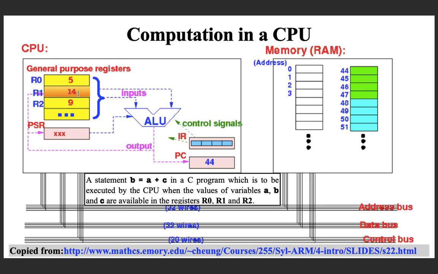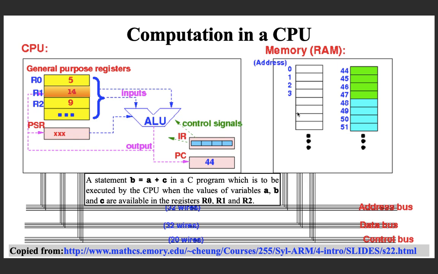So here this is how it is being performed, and we had this assumption that the values are already available in the registers, but basically you know that all your variables are getting memory allocated here.